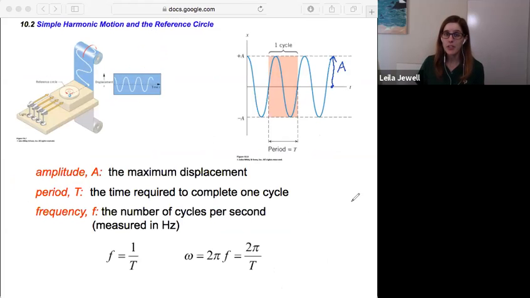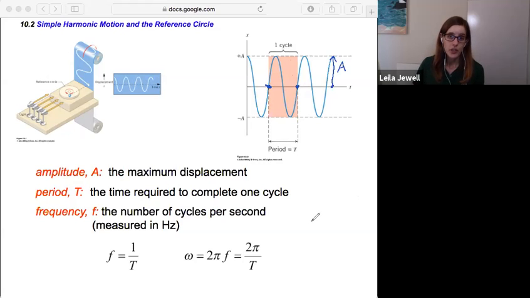It's noted with a capital T, and it's the time it takes to complete one full cycle. So here, if we start our cycle out going from negative x to positive x, then we could swing out one way, but this won't be a full cycle yet because we need to also catch the backswing, right? So one full cycle is noted on either side of this shaded region. And the time it takes is that period.